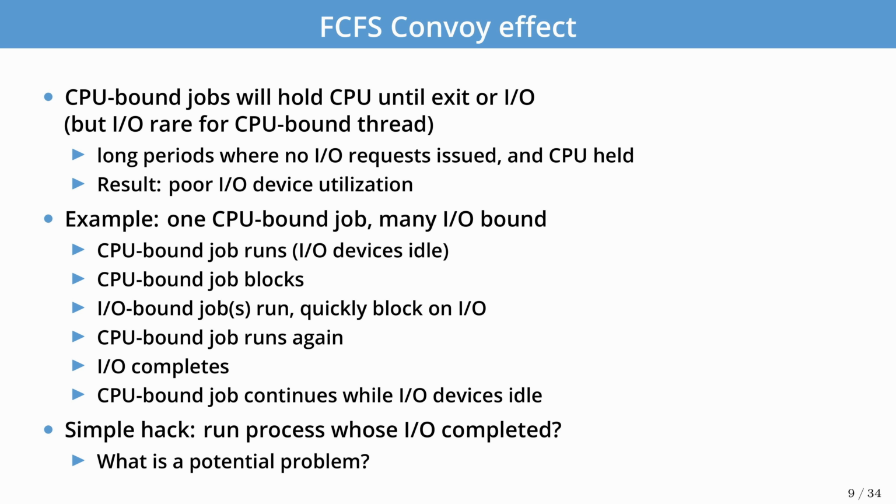We have these large tasks, the CPU-bound tasks, that are basically holding all the other tasks in the system up with this first-come, first-served scheduling policy. And what's happening here is you can think of the I/O device as basically another core in your system. It's a resource you care about using, and you're starving that resource because you're prioritizing the CPU-bound task using this scheduling policy.